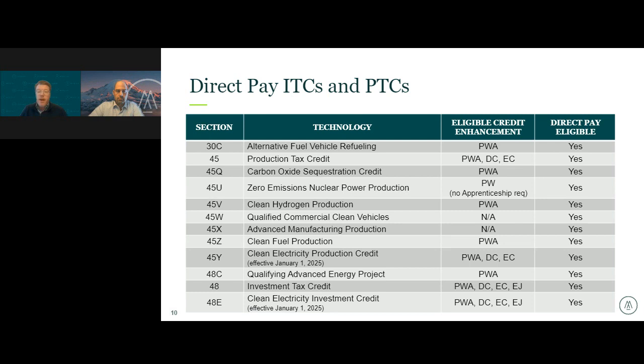And with that, I think we have a polling question. Awesome. Thanks, Craig. Then we have our second polling question of the day. I'd like to learn more about A, Section 45, production tax credits, B, Section 48, investment tax credits, C, Section 30C, alternative fuel vehicle refueling credits, D, Section 45W, qualified commercial clean vehicle credits, E, other credit opportunities, or F, I'm just here for the CPE.